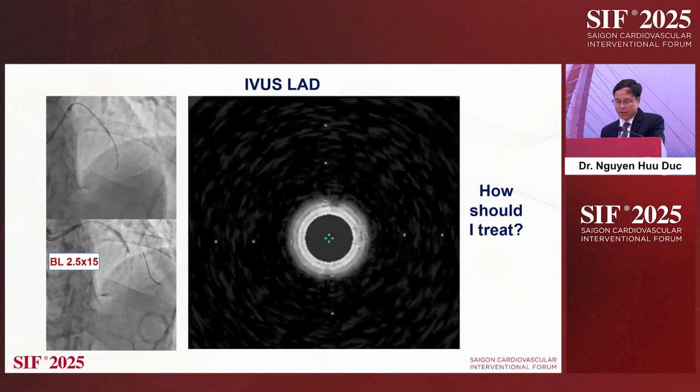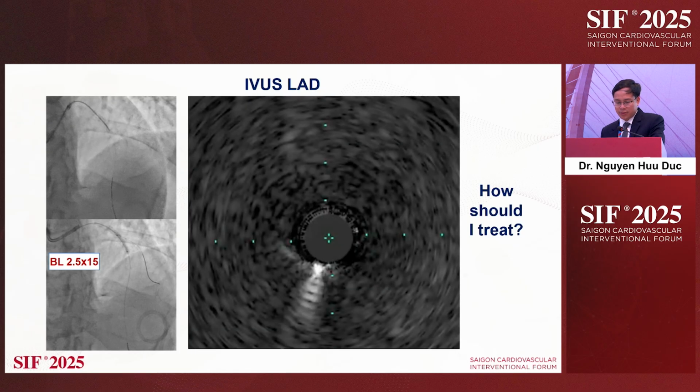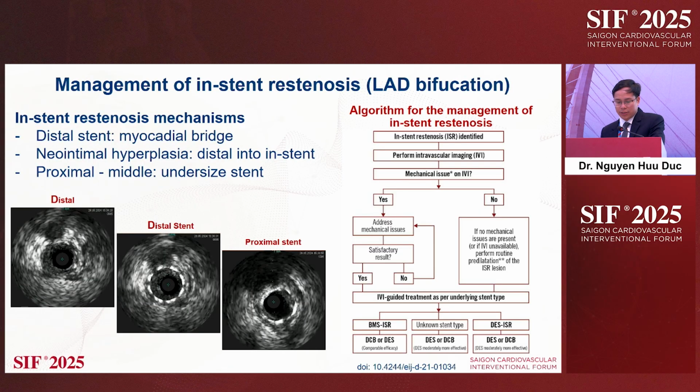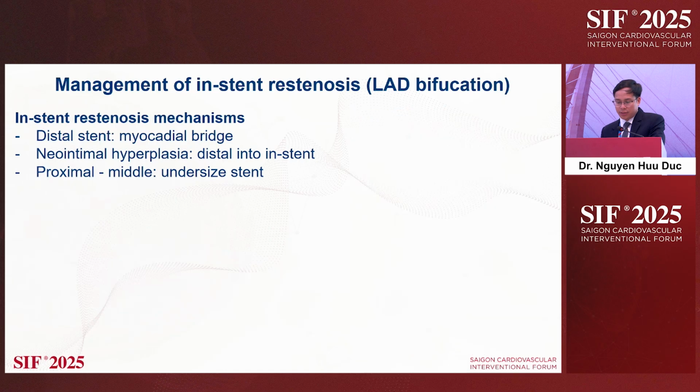So how should I treat? At the LAD stent, you can see myocardial bridge, and the patient has neointimal hyperplasia and an undersized stent. So for this case, for in-stent restenosis, we can use DES or DCB.